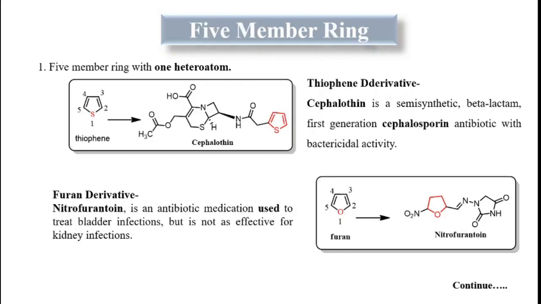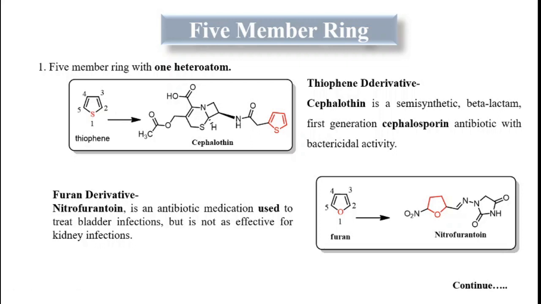In the 5-member ring, first we discuss the 5-member ring with one heteroatom. The first ring with this heteroatom is thiophene. Earlier we discussed what thia is. Thia means sulfur, and you can also call it thiol because it is a sulfur.